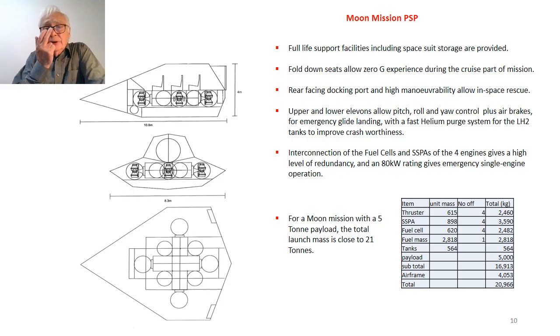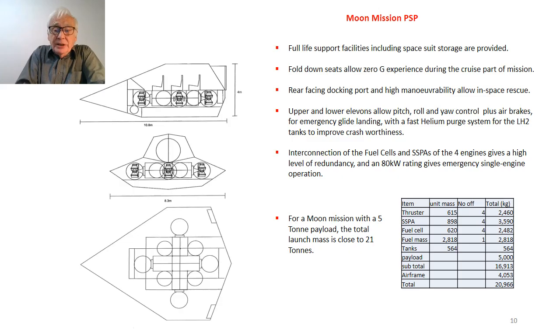Again, from a safety consideration, the vehicle airframe design is such that you can have an emergency glide landing where you would use upper and lower elevons to give pitch, roll and yaw control, plus air brakes to slow yourself down for a horizontal emergency landing.